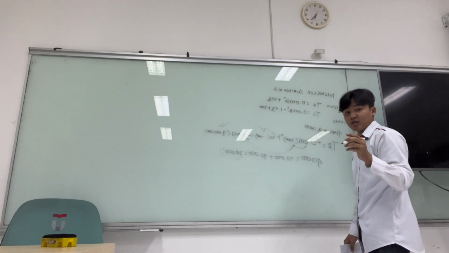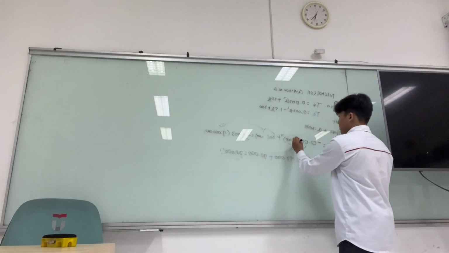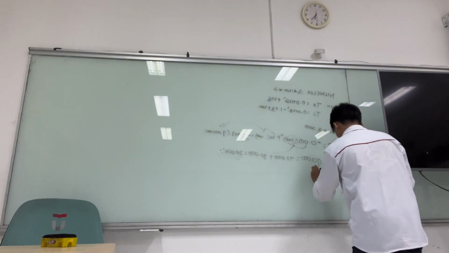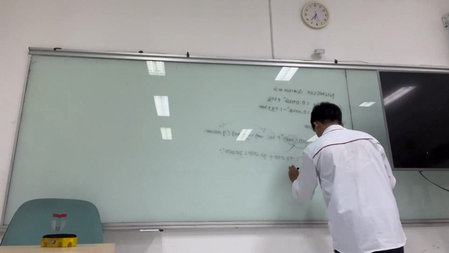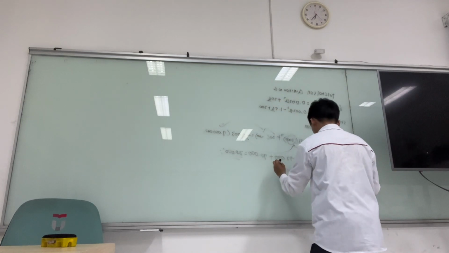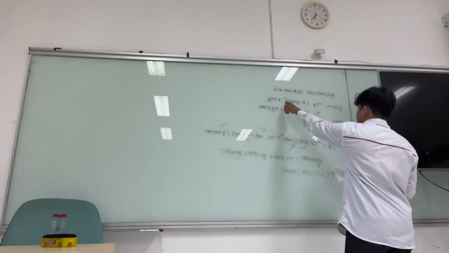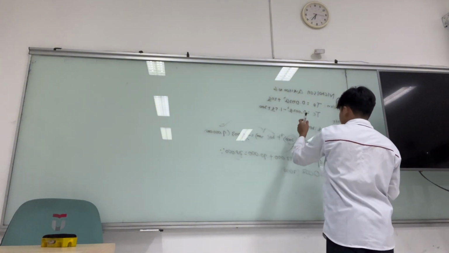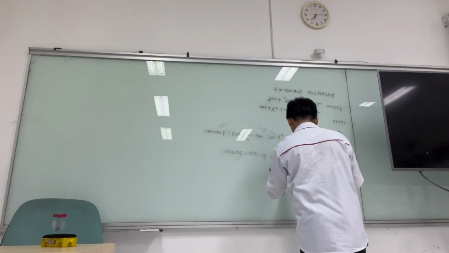If the manufacturer made 2,000 shirts a month, the total cost is, we just copy from this, because Q here we change into 2,000.